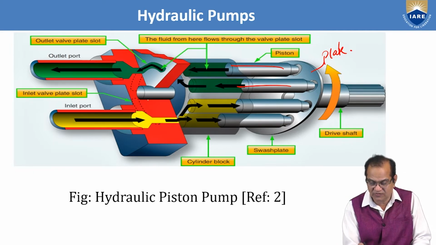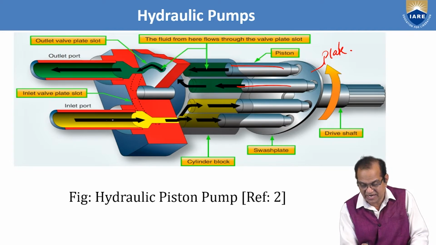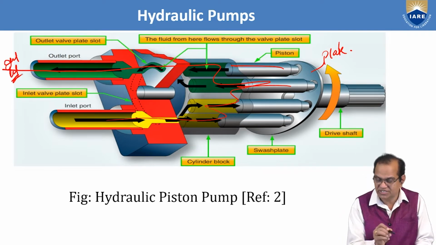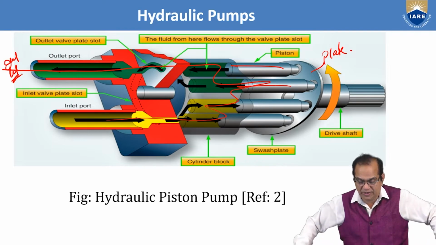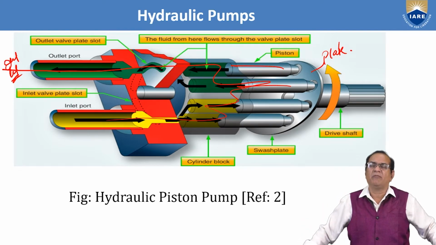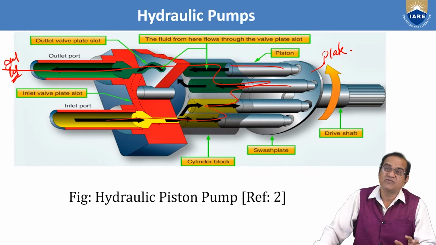So here is the inlet valve and here is the outlet port. From here it is pressurizing, entering here, pressurizing, and then it will go to the outlet. So this is a hydraulic pump with a piston type of reciprocating pump. It is also used, it gives very high pressure.